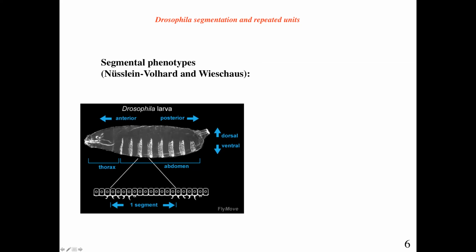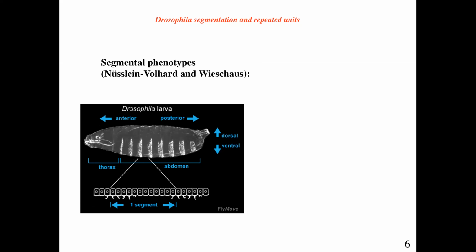The subsequent steps happen very early, even during oogenesis, but during embryogenesis the segmental phenotypes get defined.